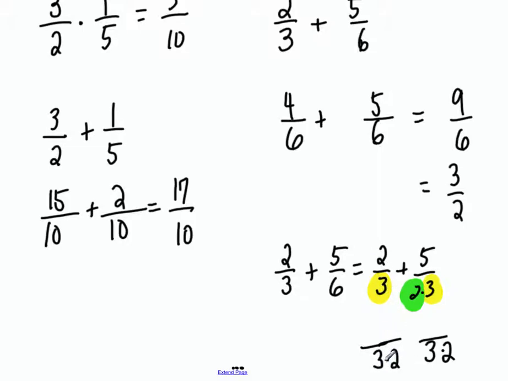So if I change this to 3 times 2, this would become 2 times 2. And then what's missing here? If I have a 2 and a 3 here and a 2 and a 3 here, did I change anything? No. So the 5 stays. So now 2 times 2 is 4, plus 5 is 9, over, again, 6, which will reduce to 3/2. Are there any questions about that?